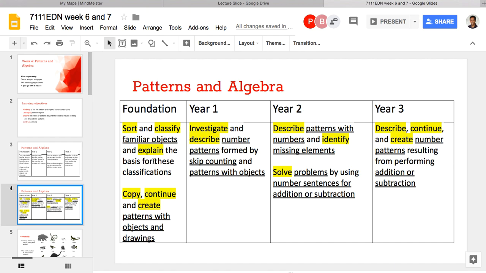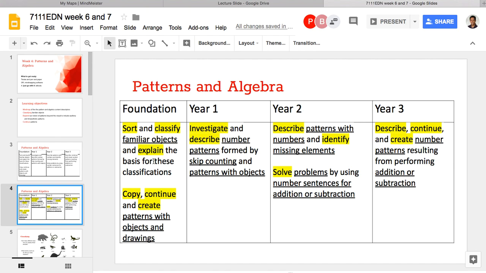And it's not sorting and classifying of numbers, of written numbers just yet, because they get introduced later, but we're looking at familiar objects. So you can see the constructivist nature, once again, within the curriculum.